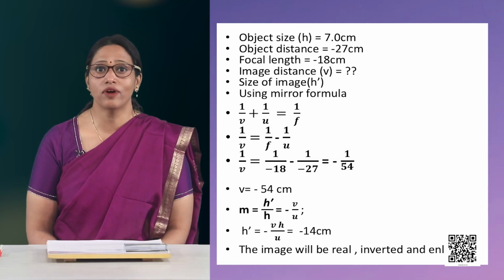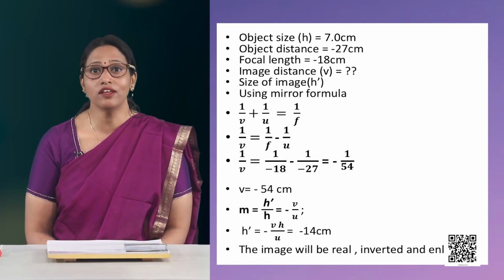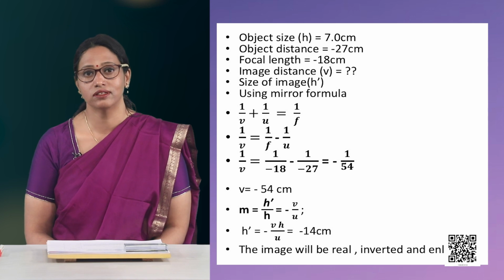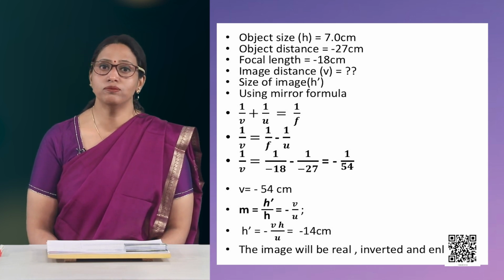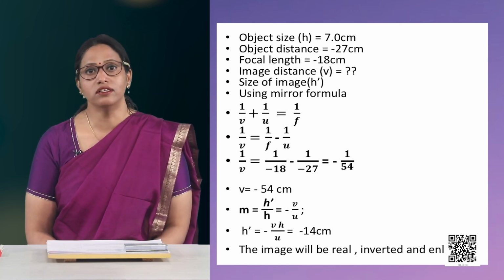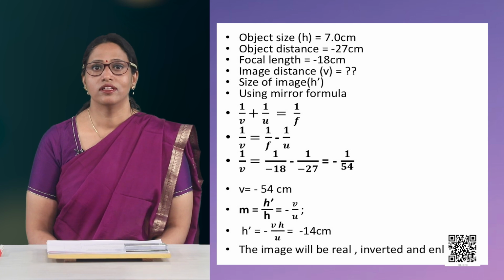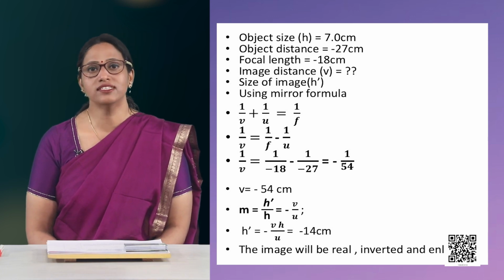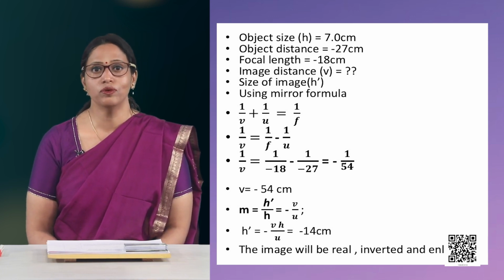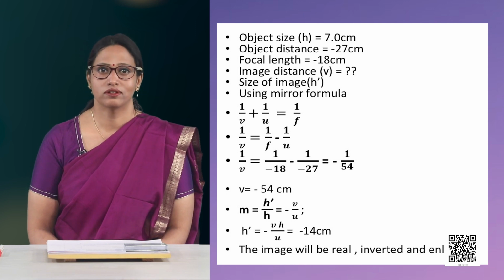So, let us first write down the given information from the question with relevant sign conventions. Since the object is placed parallel to the y-axis, the object size is positive. That is, object size h is equal to 7 cm.